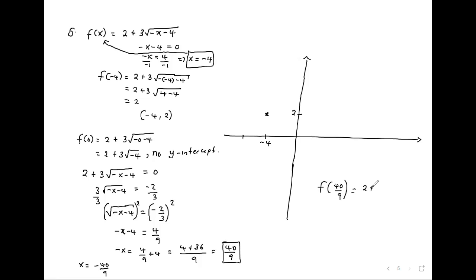We'll get 2 plus 3 outside, the root of -40 over 9 minus 4.